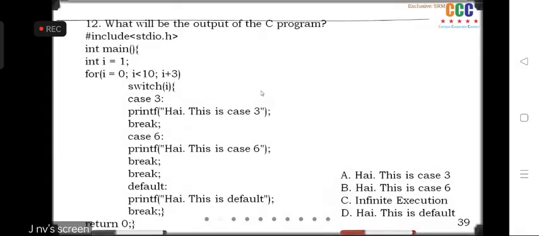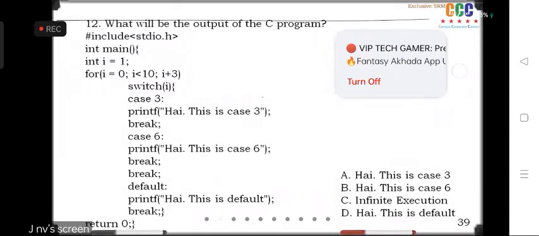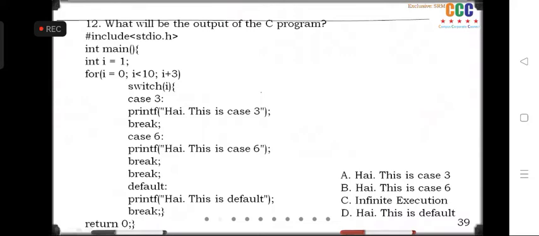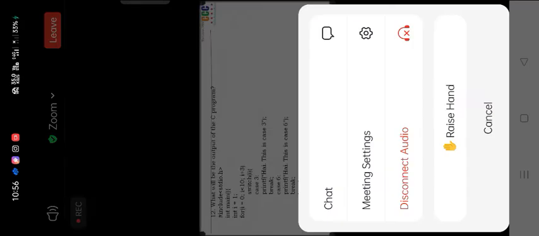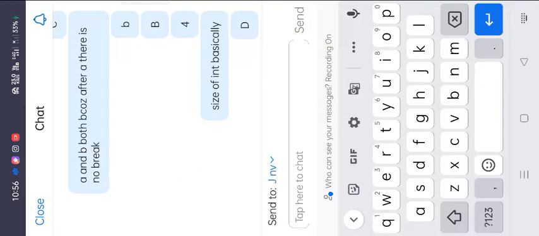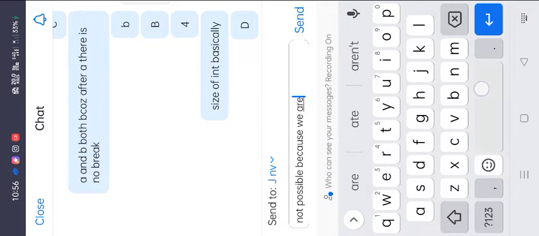Okay, Harsha saying D. This is default. Okay, yes, it is Lasya Priya. D. Yes, it is infinite. How infinite execution? Let me check. For I equals to 0, I less than 10. Yeah, here you are missing I plus 3.